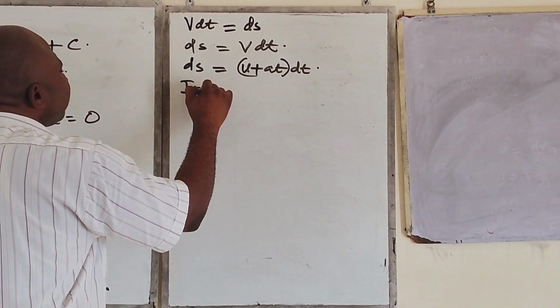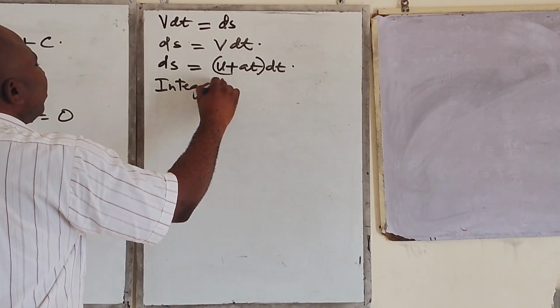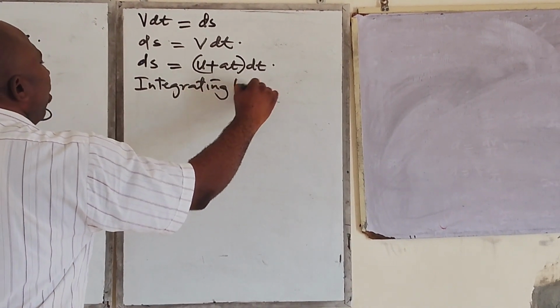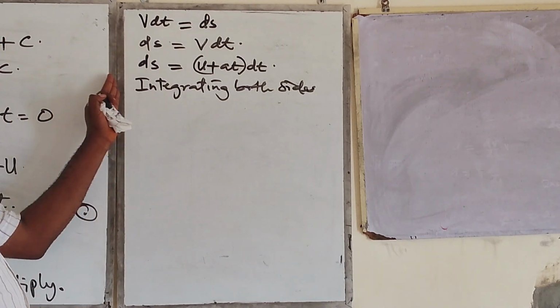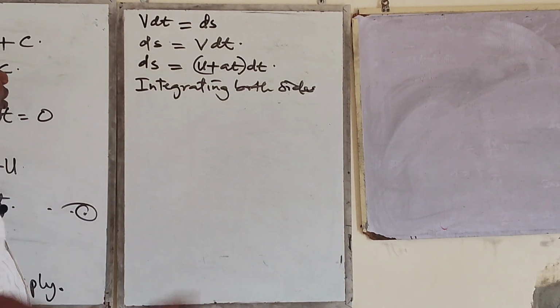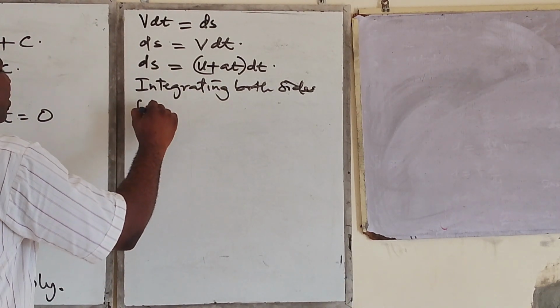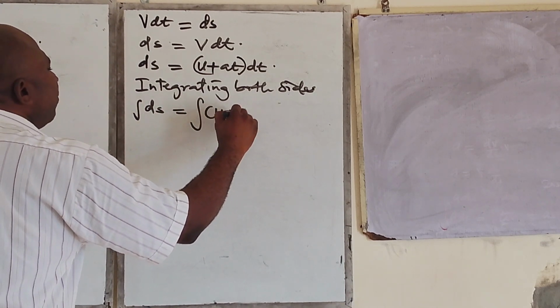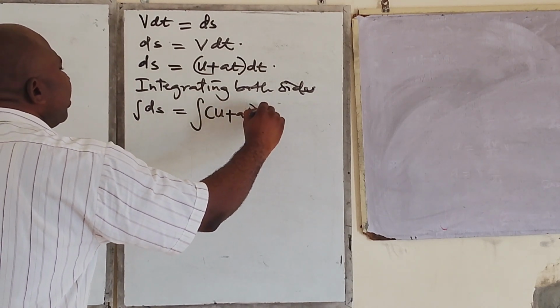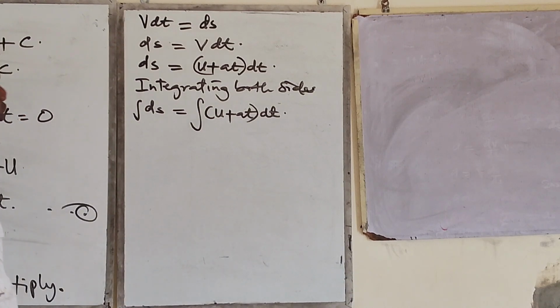Now integrating both sides. So here we are integrating both the left hand side and the right hand side. So we have integral of dx equal to integral of (u plus at) dt.